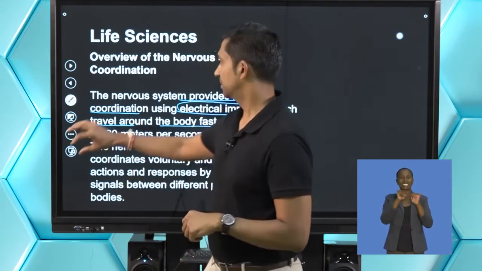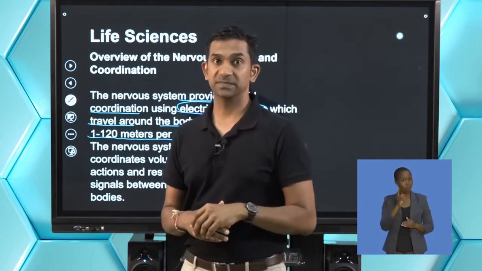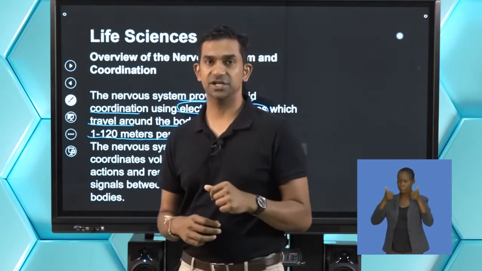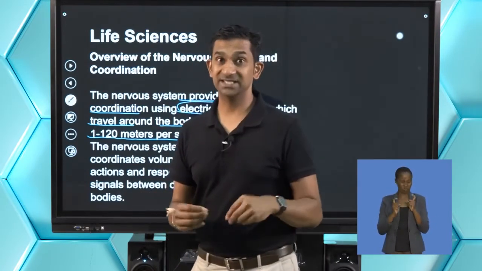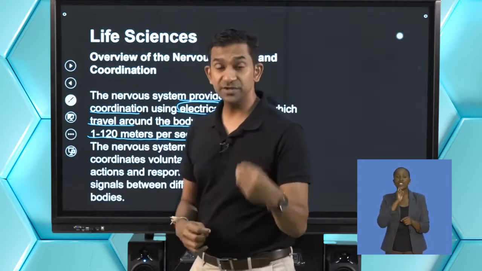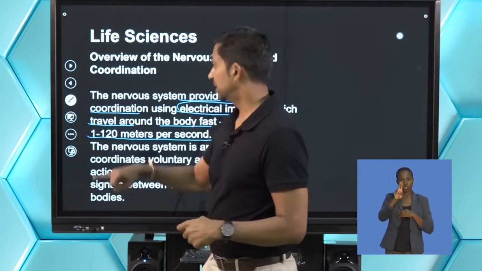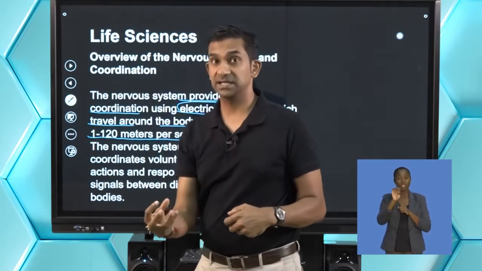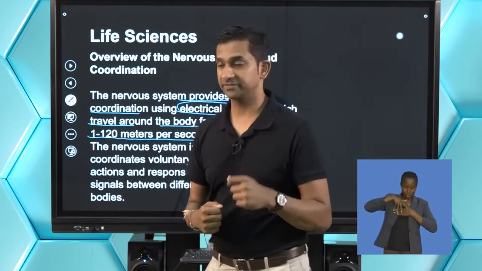And so this is the body having a highly effective coordinating system that brings about an instantaneous change, through impulses that travel in neurons. And the fact that you can think about something and your brain processes that information speaks to the speed at which these impulses travel.